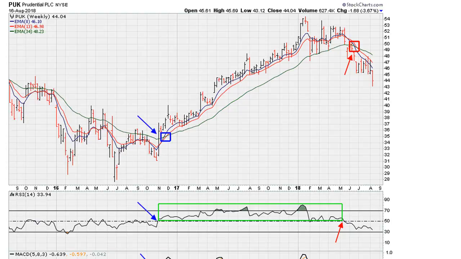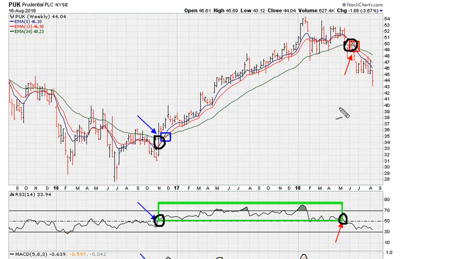Now, here in the green, I highlight an area where we see the stock go into a nice bullish period. It moves above 50, stays above 50 generally speaking until here. So you enter here when it moves above 50, and you can get out here when it moves back below 50.